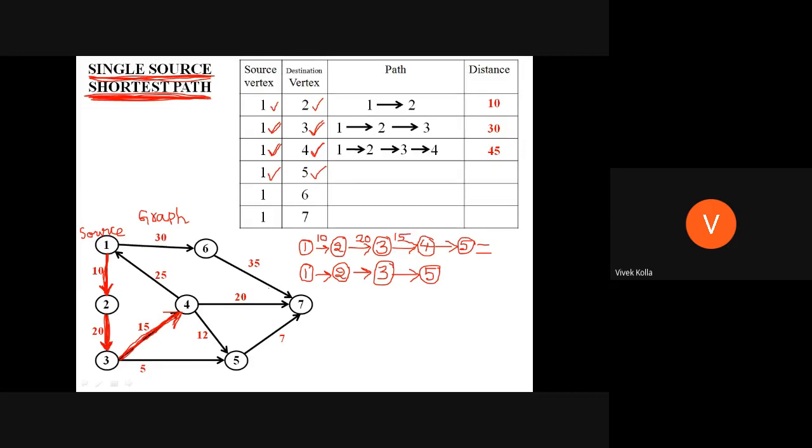From 4 to 5 it is 12. So if I choose this path, what is the distance? 10 plus 20 is 30. 30 plus 15 is 45. 45 plus 12 gives 57.